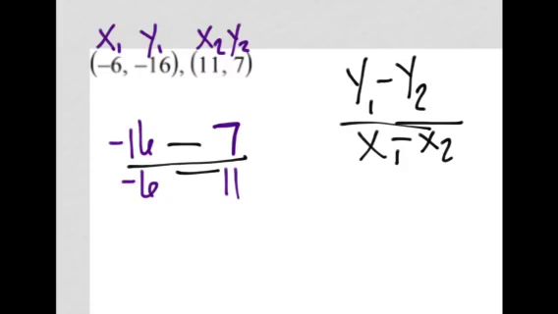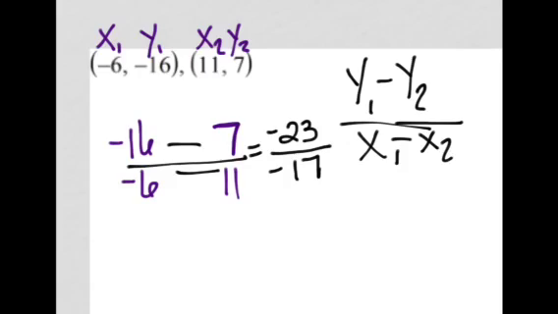Then I get my nifty calculator out and I subtract. Negative 16 minus 7, my signs are the same, so I add the numbers to get 23, and then take the subtraction sign. Negative 6 minus 11, again my signs are the same, so I add my numbers to get 17, and take the negative.